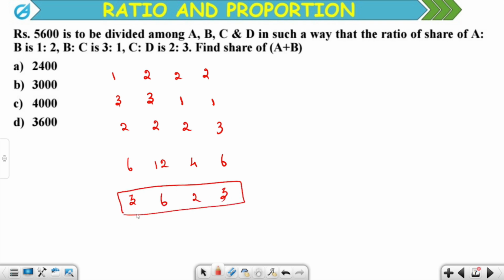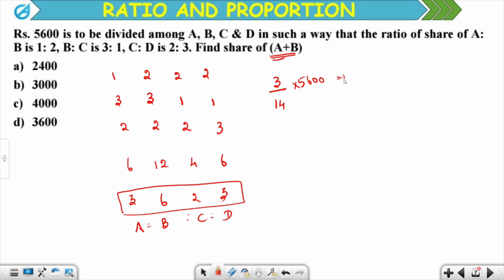Okay, so this is the thing. Now, what are they asking? See, what is this ratio? A is to B is to C is to D. And they are asking you to find the share of A and B. Okay, there are two methods. One is finding the value of A, that is 3 by 14 into the given number, 5600.